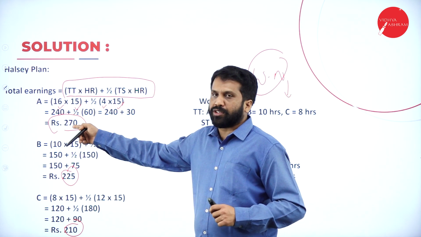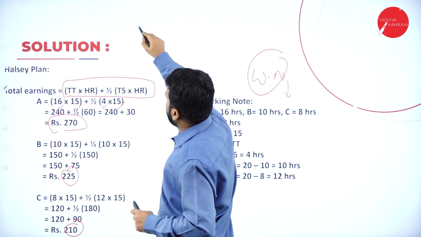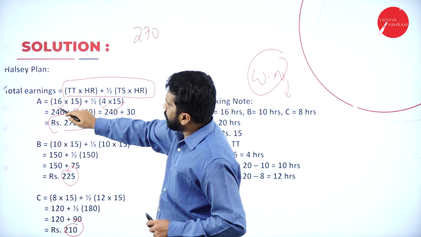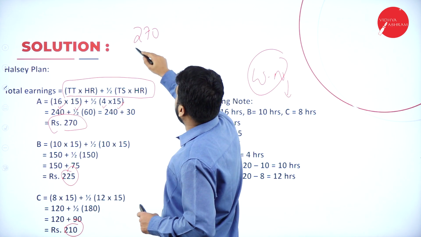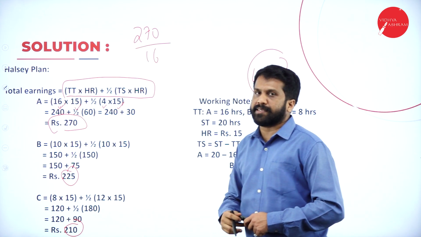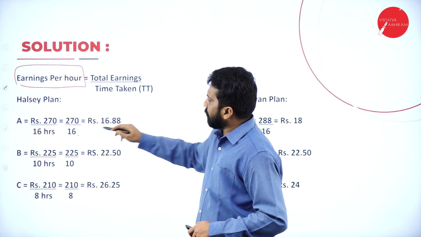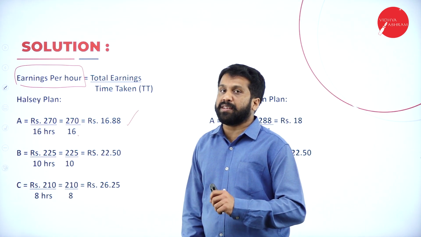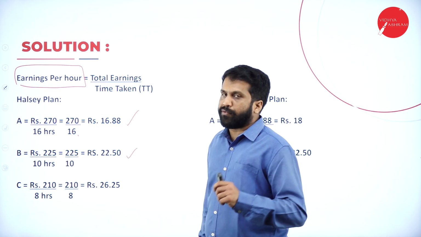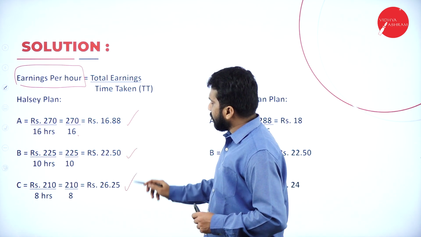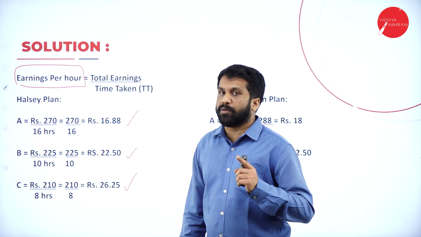But per hour, how much it is? Simple. 270 you got. How many hours he worked? 16 hours, divided by 16. That's it. See, 270 divided by 16, he gets 16 rupees 88 paise per hour, 22.50 per hour, 26.25 per hour. Hope you are clear.